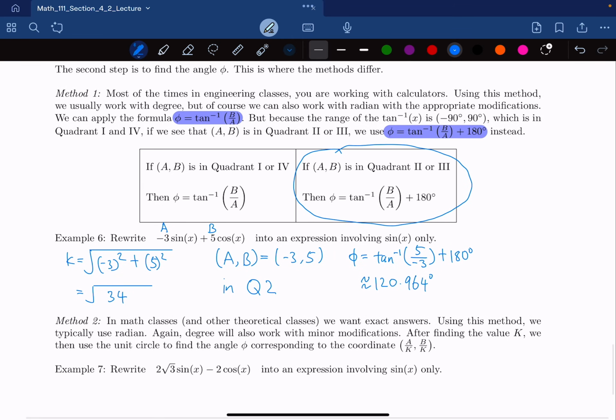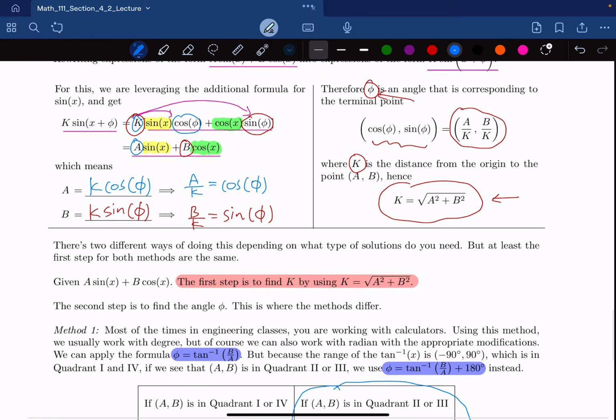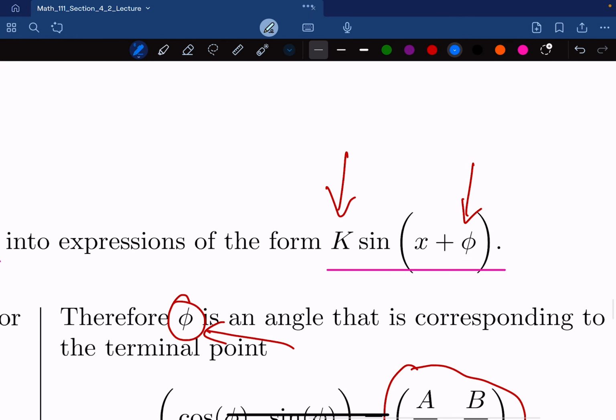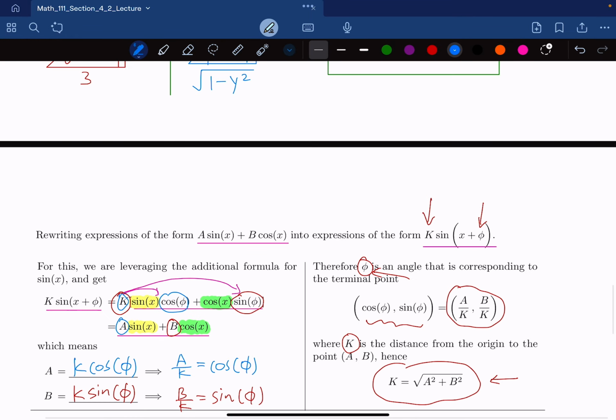Okay, and finally, at the end of everything, we write our answer in terms of sine. It's always going to be this expression, k sine of (x plus phi).